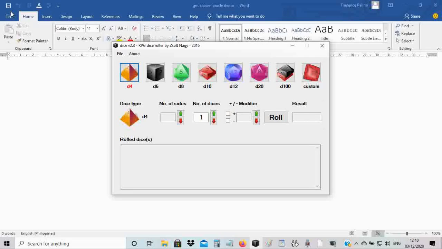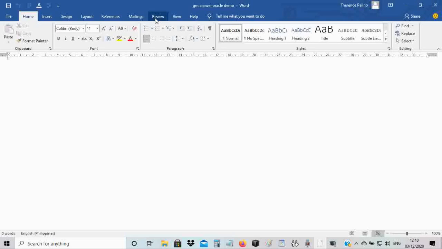So how do we do this? Easy. I will teach you, so let's start. As you can see, I'm using Microsoft Word here, but you can use anything. You can use any scrap of paper you want, or a notebook. I'm just using Microsoft Word because I am weird that way.